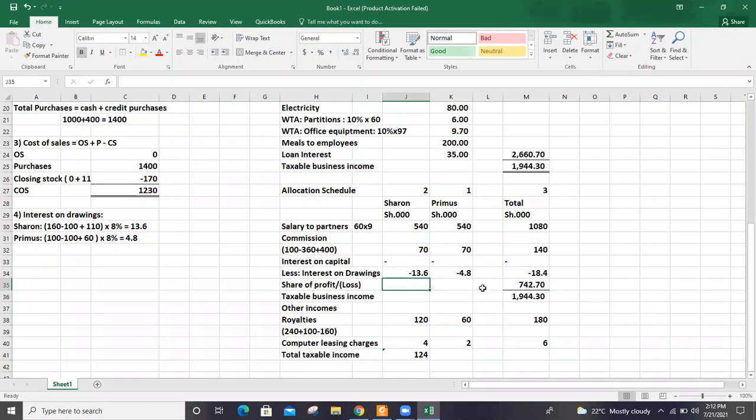For Sharon it is 493.13, and for the other one it is 247.56.